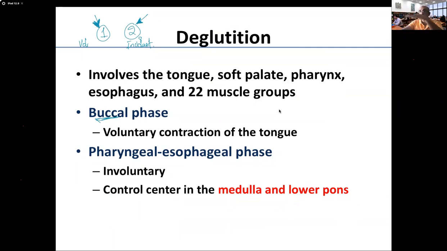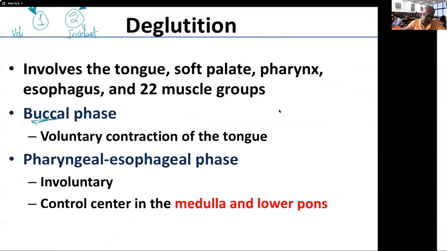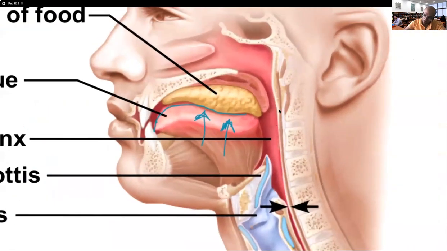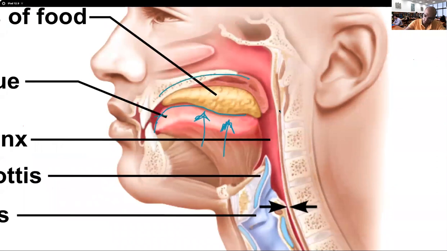The tongue squeezes the food against my hard palate, creating a high pressure within my oral cavity. Remember what happens when you reduce volume? What happens to the pressure? Pressure goes up. So here, the food bolus is going to be at a high pressure. So it decides to move to a side with lower pressure.